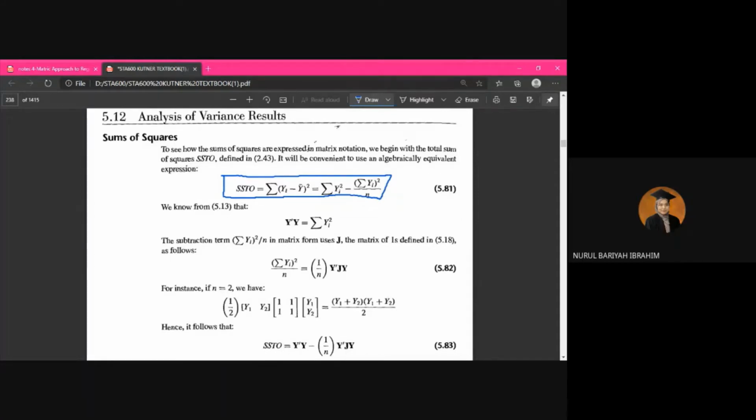In matrix terms, you also know this term: Y transpose multiply Y, which is the summation of yi square.